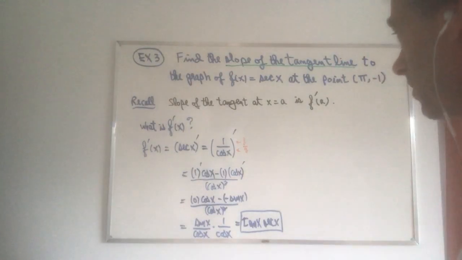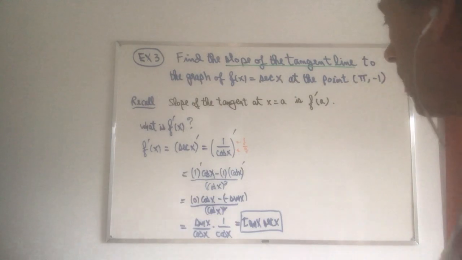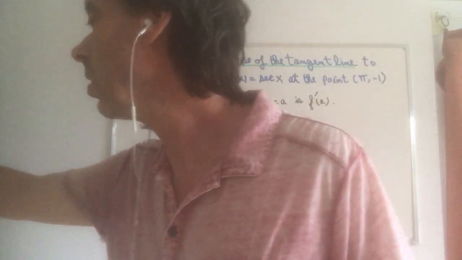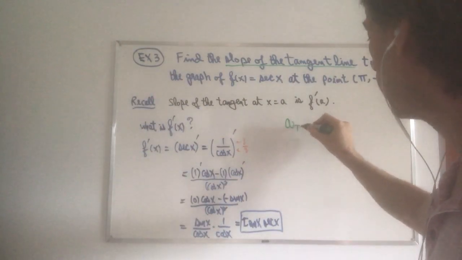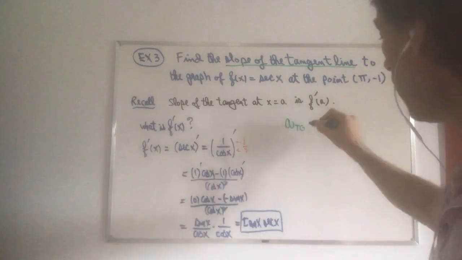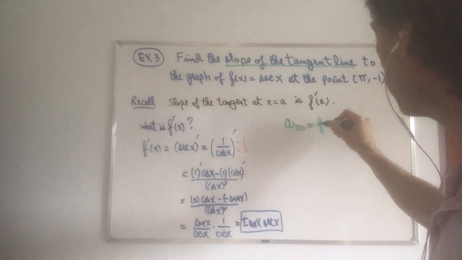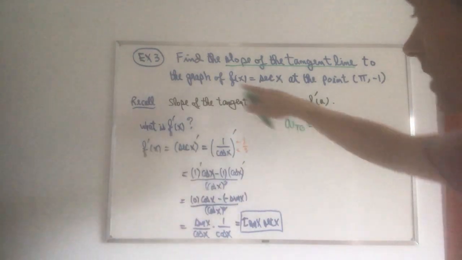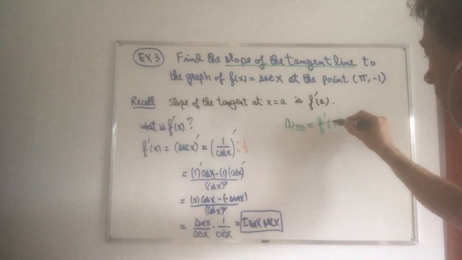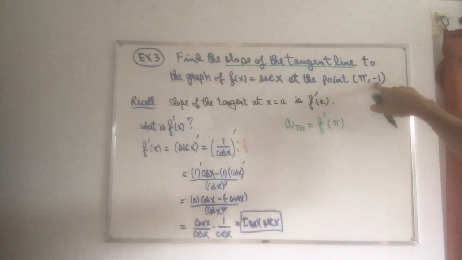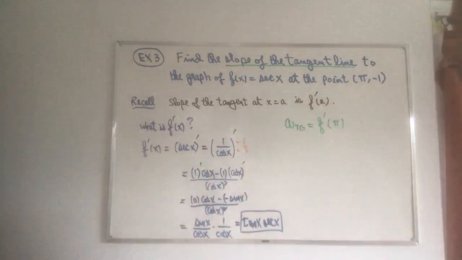So it appears that the derivative of the function secant is known to be tangent secant or secant tangent. Okay, so the slope of the tangent line is f prime at x. What is the x here? The x is pi. We have very little use for the y component of minus 1.